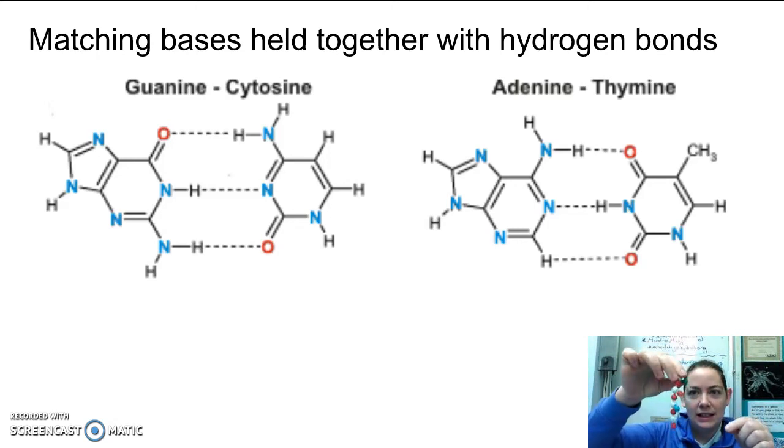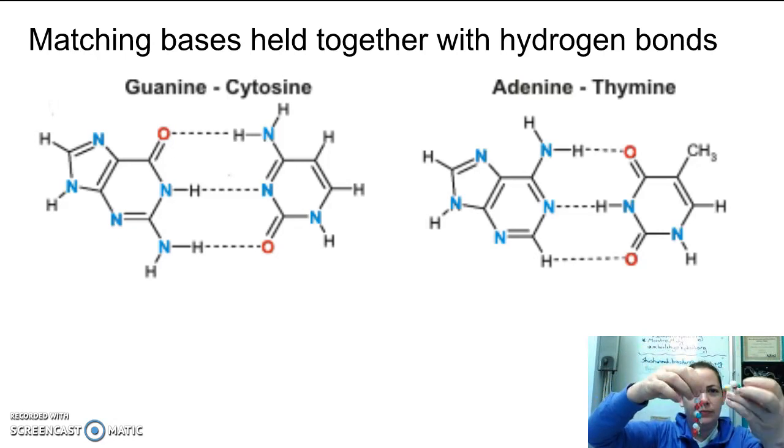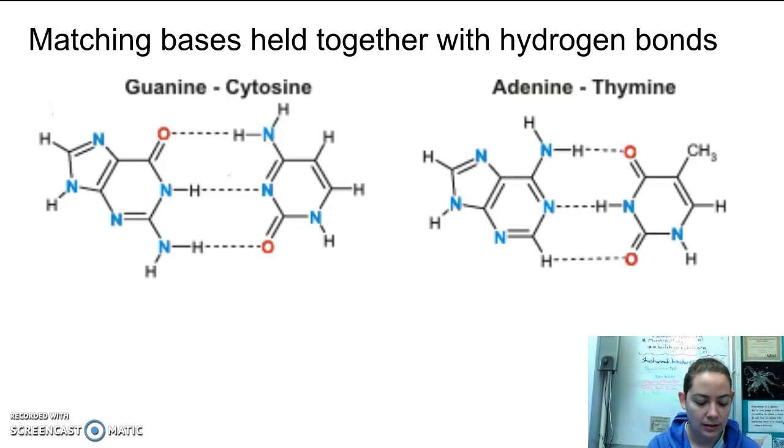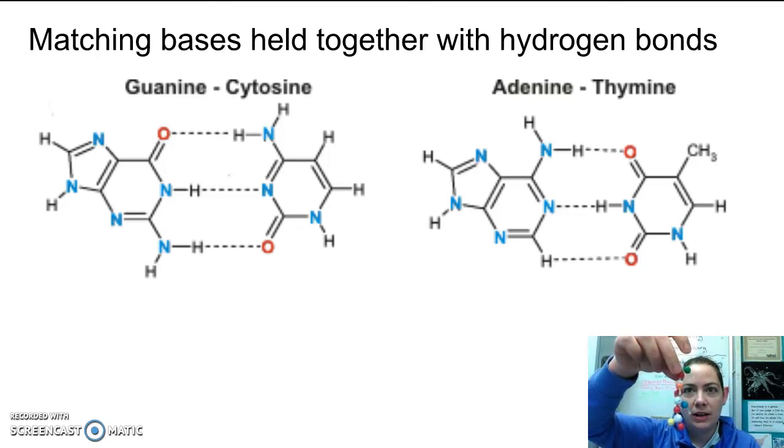But see, if this is a G on one strand, then I've got to find what on the other strand? A C, right? So C's are blue. So I would take this apart. And make sure they're going in opposite directions.